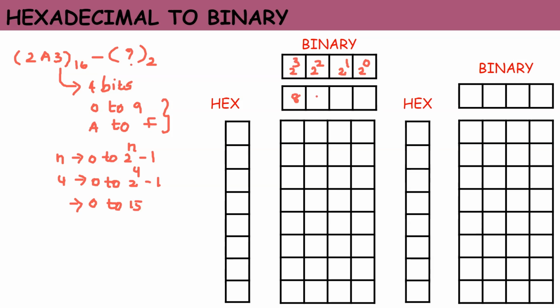So the expanded values will be 8, 4, 2, 1. Now we will see how the values from 0 to F are converted to their equivalent binary value.